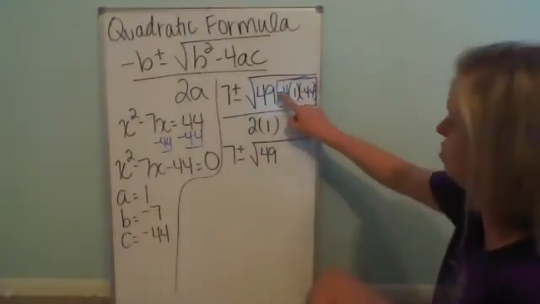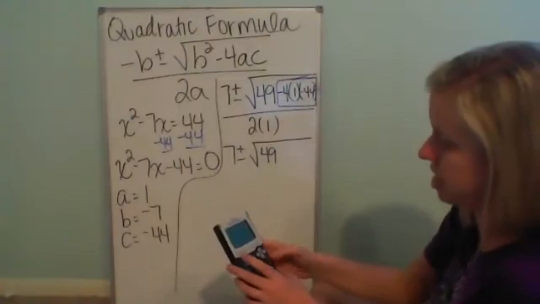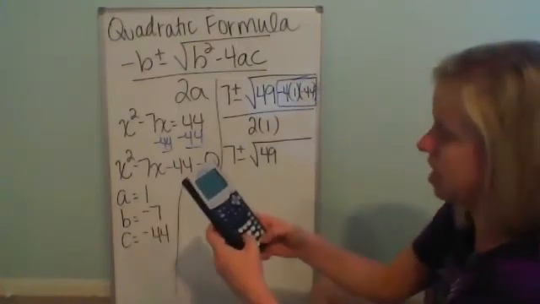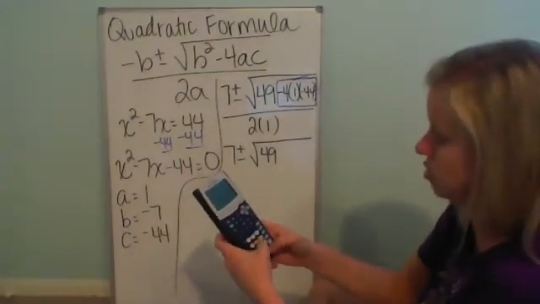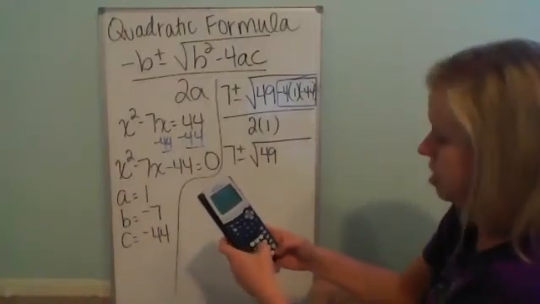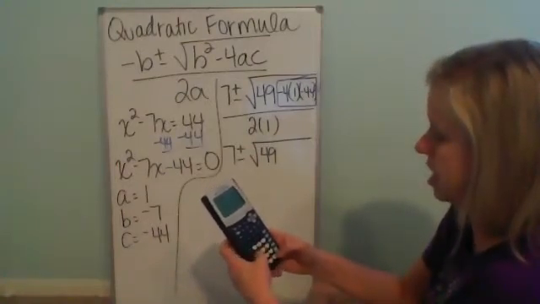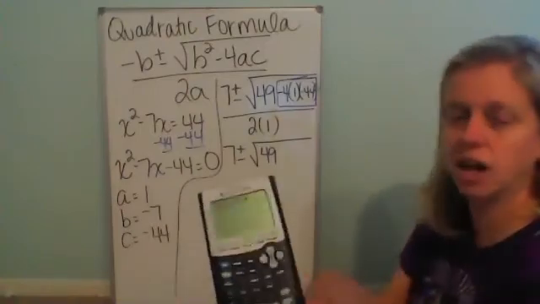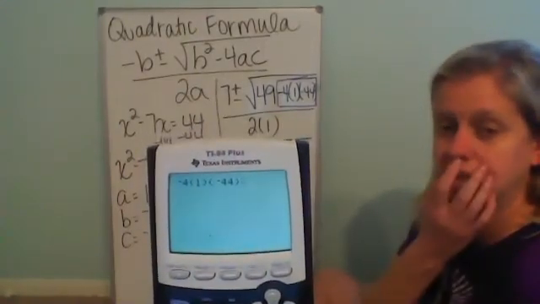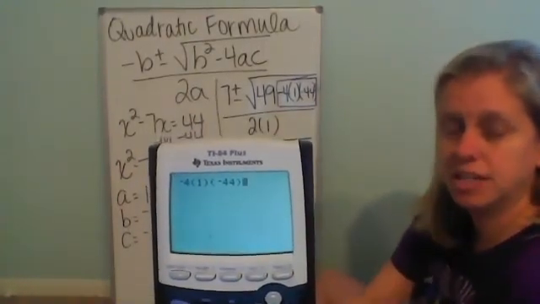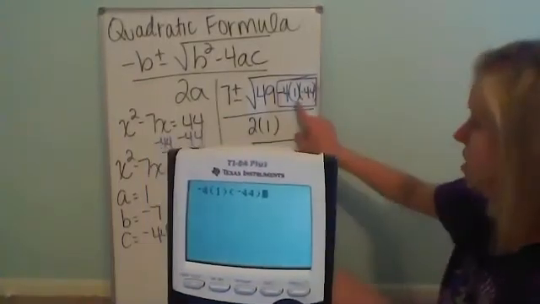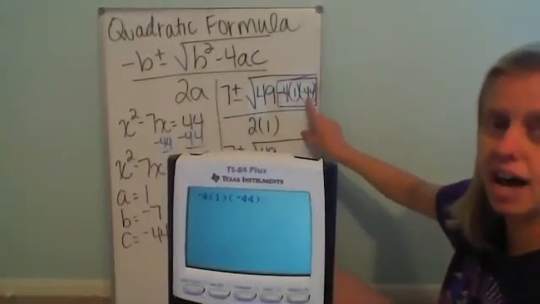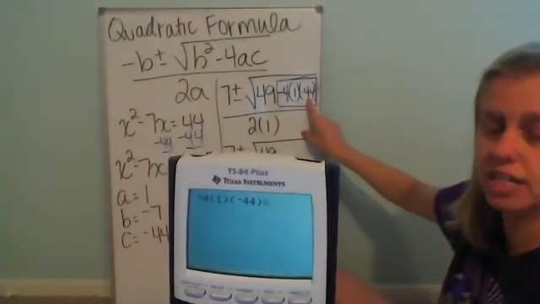What I want you to type in your calculator is exactly what you see there. So -4, parentheses 1, close, open parentheses again, -44, close. So type in exactly what that says, -4 times 1 times negative 44. And let's see what you get.